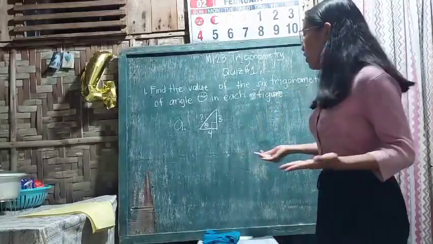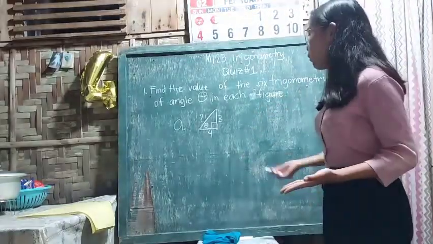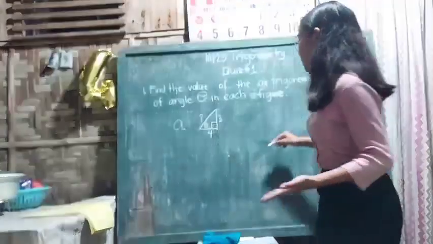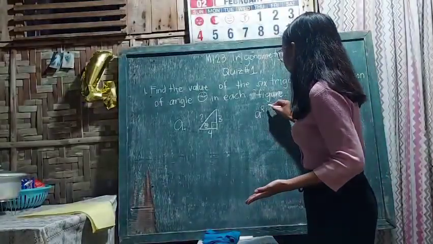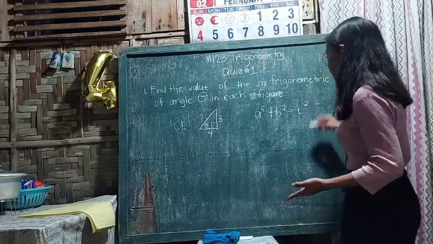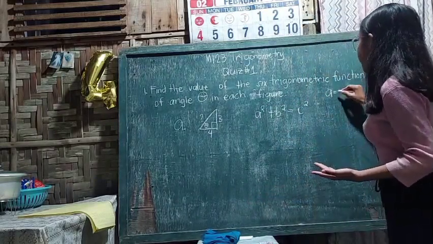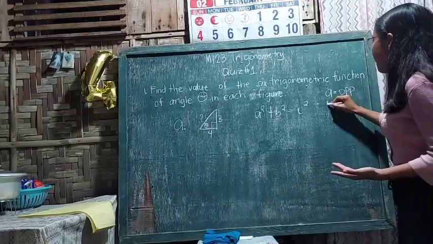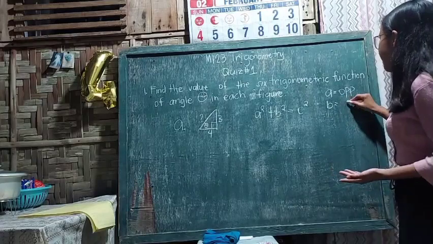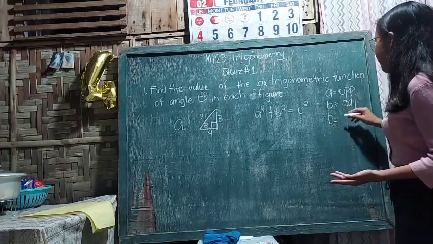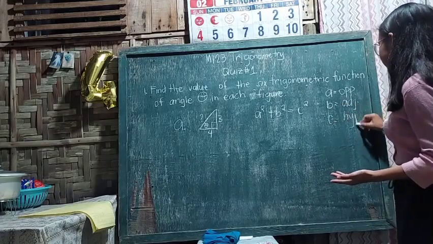To look for the hypotenuse side, we are going to use the Pythagorean theorem, which is a squared plus b squared is equal to c squared. Let a be the opposite side, b be the adjacent side, and c be the hypotenuse side.